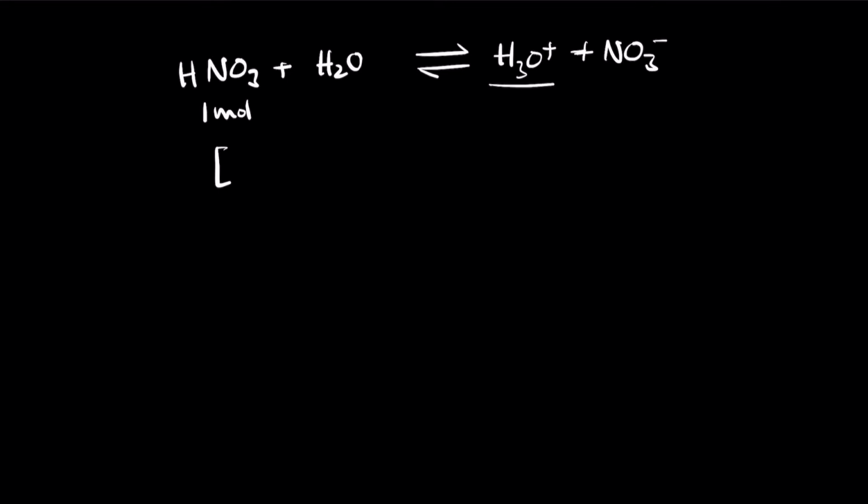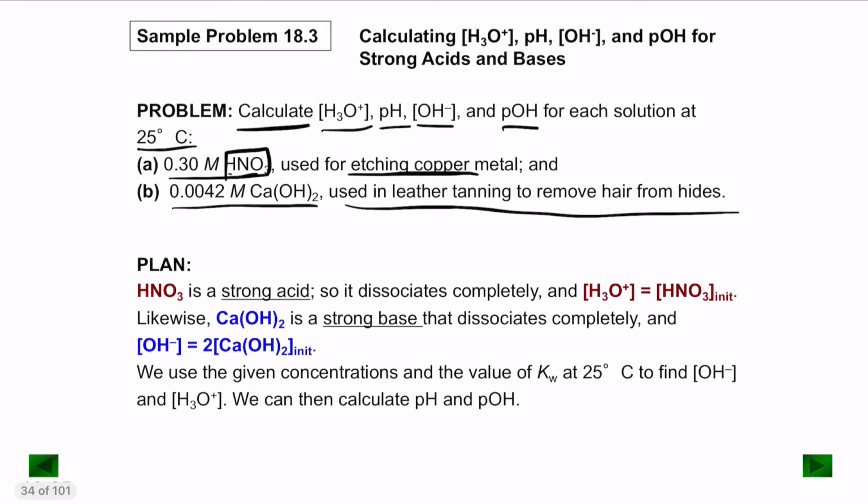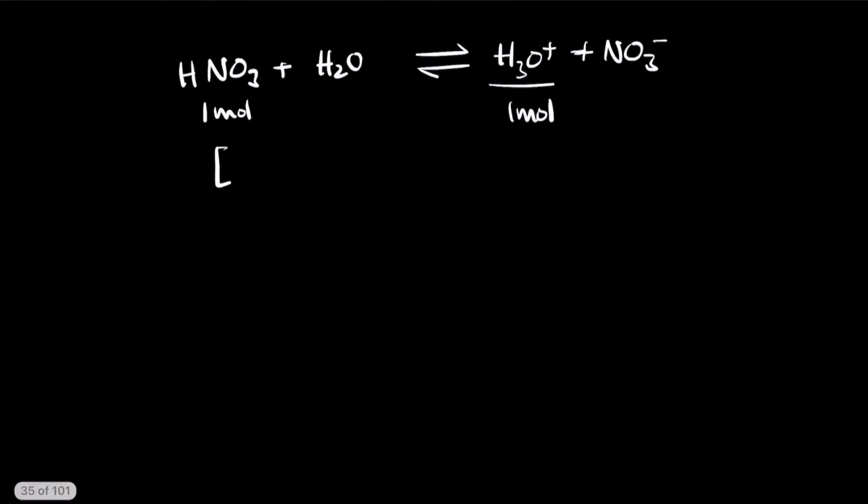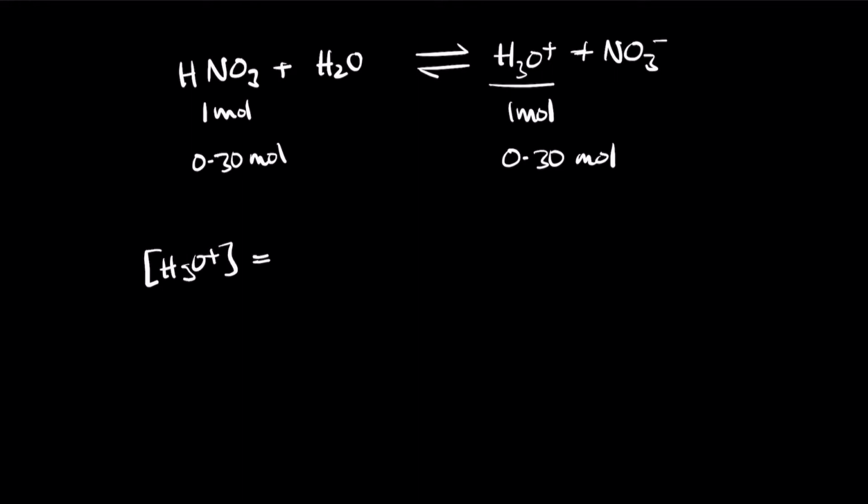If this is 1 mole, this is also going to be 1 mole. But the value that is given is 0.30 mole, so if this is 0.30 mole, this is also going to be 0.30 mole. So the H3O plus concentration here is the same as the acid concentration. So we have found H3O plus.